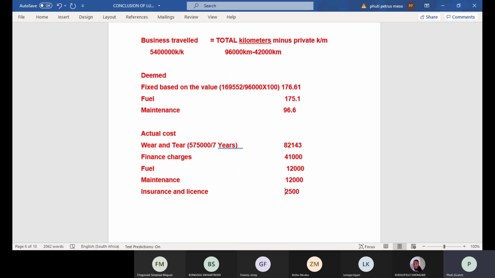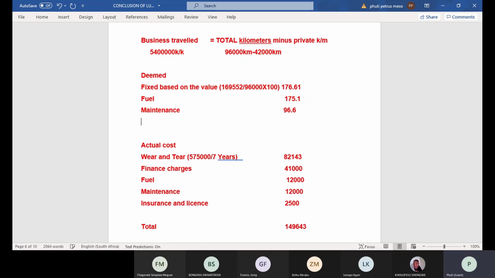My total gives me an amount of 149,643. Yeah, that's the same as me. Total is 149,643. How much is the total deemed?